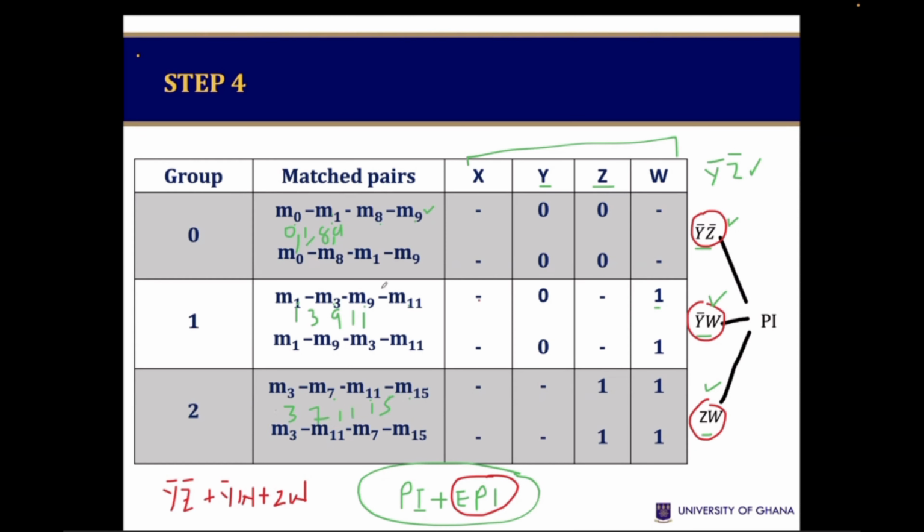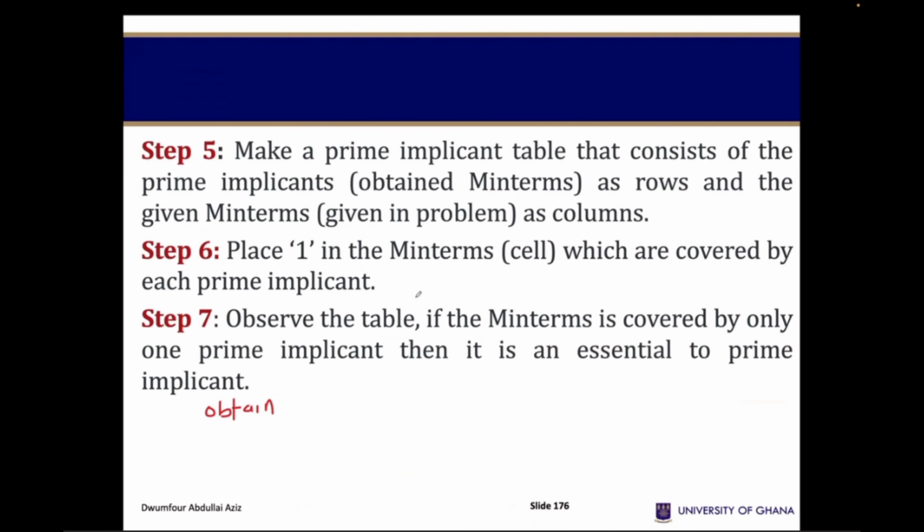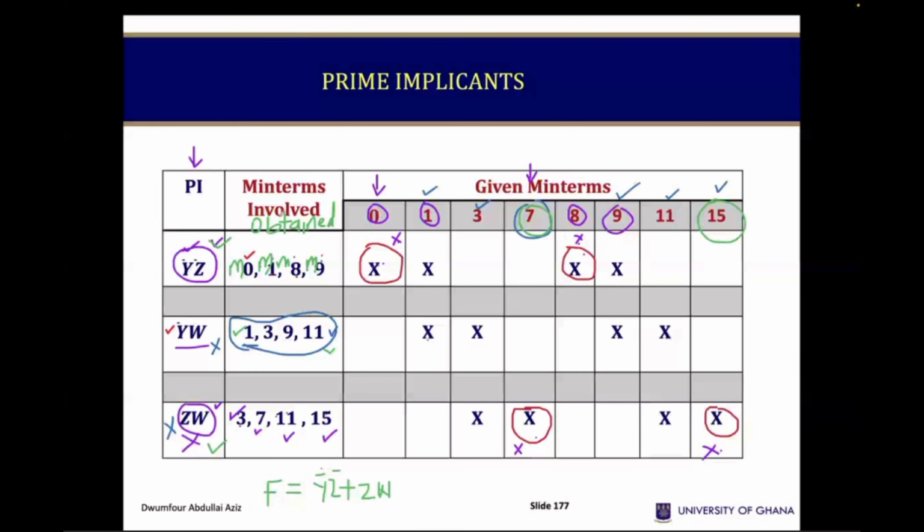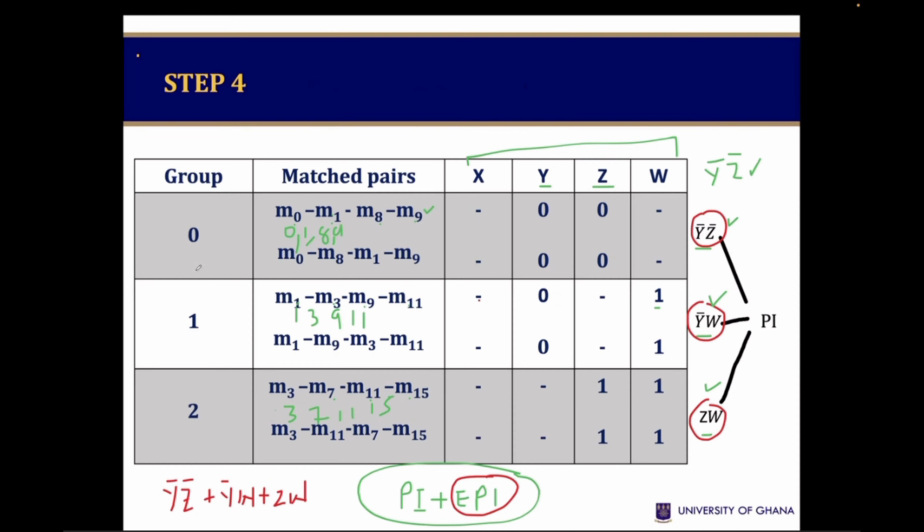So these are the obtained mean terms that we have in this row, which each correspond to our prime implicants, which we have obtained from here. We are looking at where the dash disappears from that mean term.